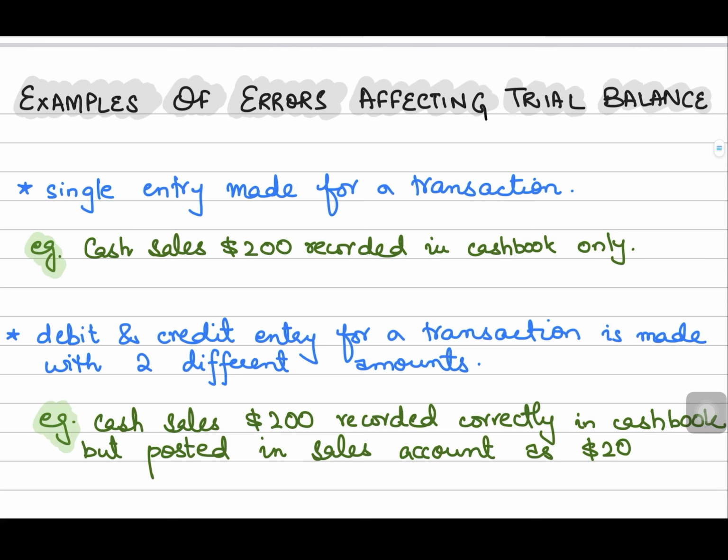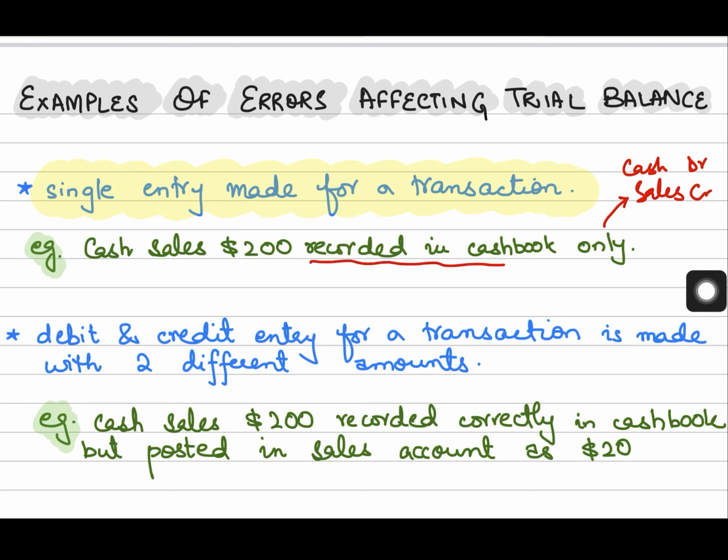So the first example is that if a single entry is made for a transaction. What do I mean by single entry? For instance, if cash sales 200 are recorded in the cash book only. Originally this should have been recorded as cash debit 200 and sales credit 200. However, what is the error? These are only recorded in the cash book.